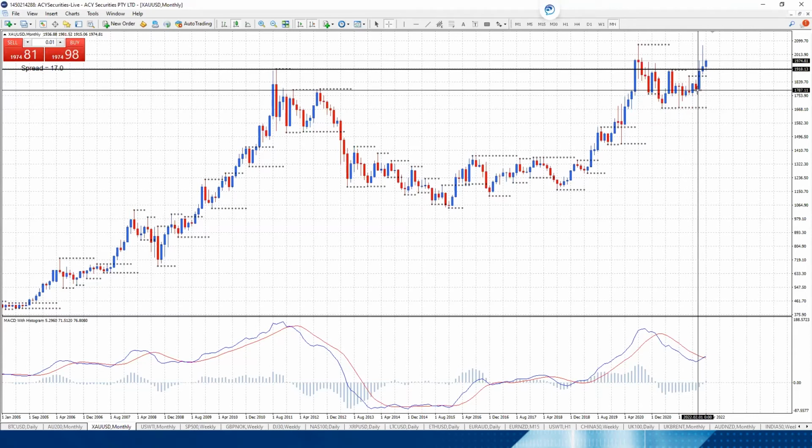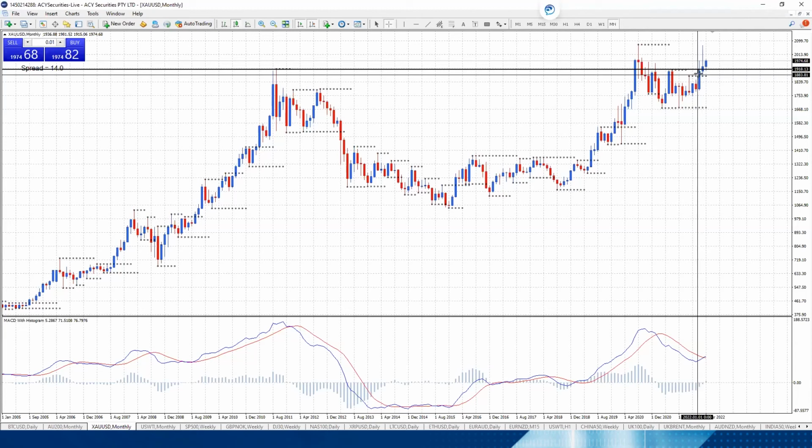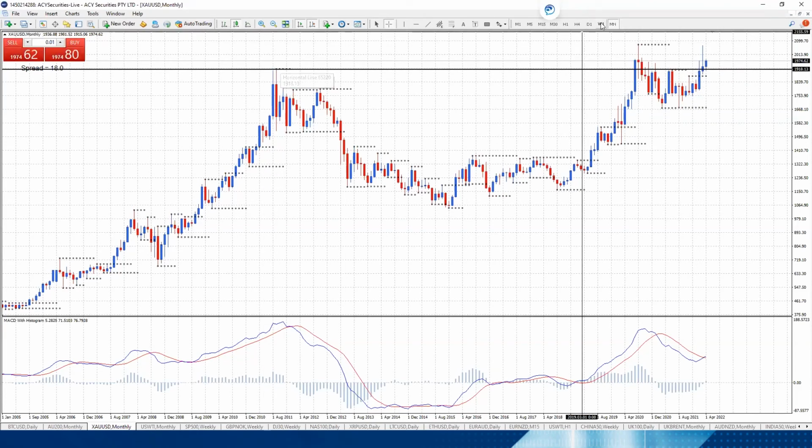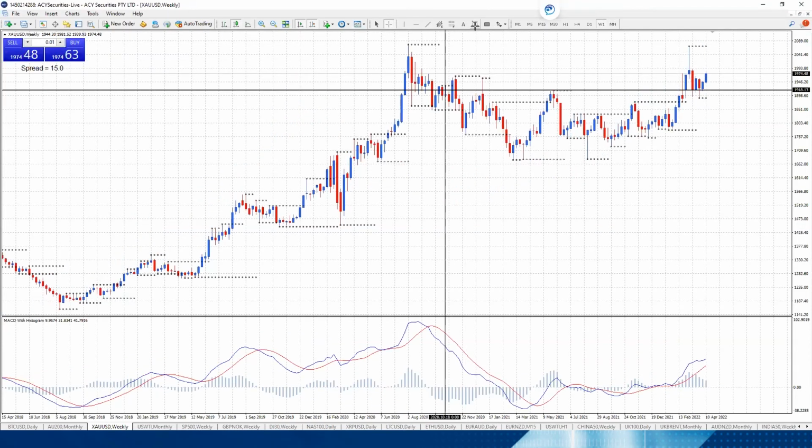However, we are now asking the question: do I just want to hold a trade for a year or 2 years or 6 months while it goes sideways? So what I might be looking at is the bigger picture. Price has now broken above that 2011 high, so I'm going to go to the weekly chart to get a better idea of it.